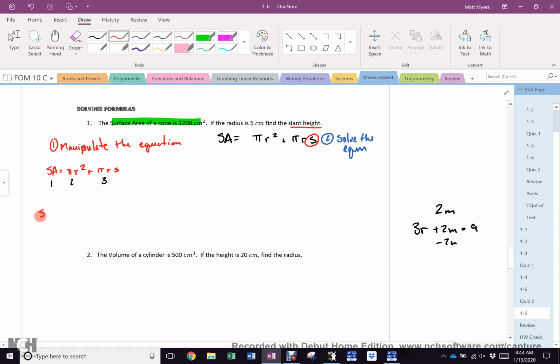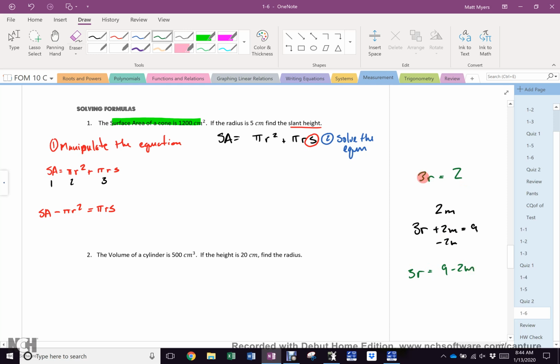So I would have surface area minus pi r squared equaled pi r s, right? Everyone agrees? So over here, I would have had 3r equal 2, yeah? Because I took away 7. Or I have 3r equals 9 minus 2m.